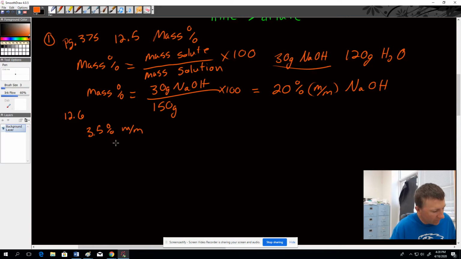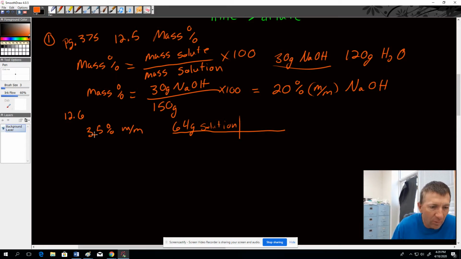How many grams of neomycin are in a tube containing 64 grams? So the 64 grams is a solution with 3.5% neomycin, and we're just going to do a conversion factor.